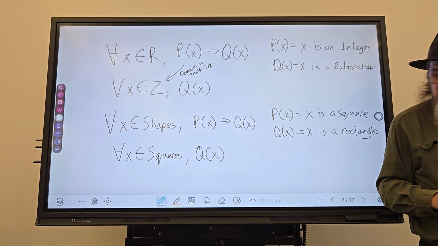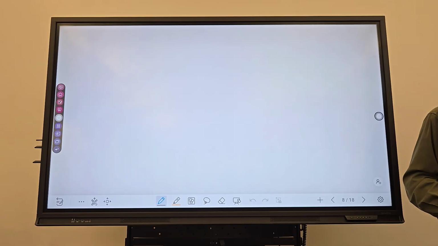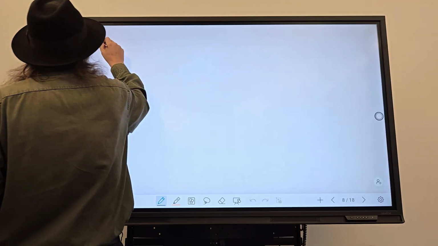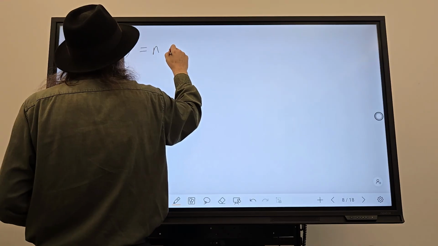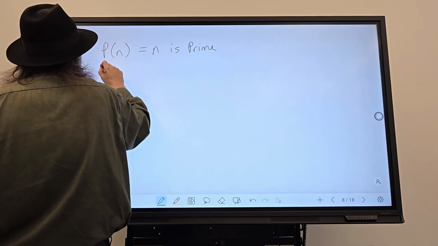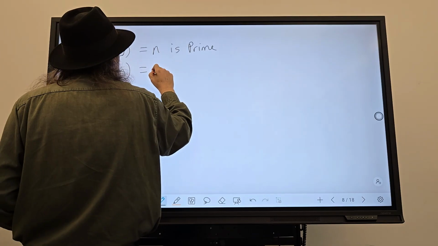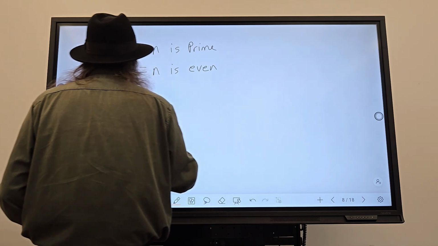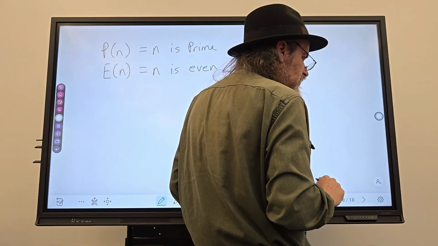Now, with an existential quantifier, let P of n be n is prime, and let E of n be n is even, and take the following statement.